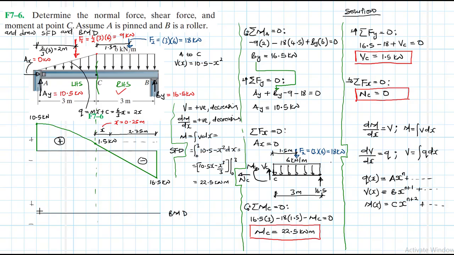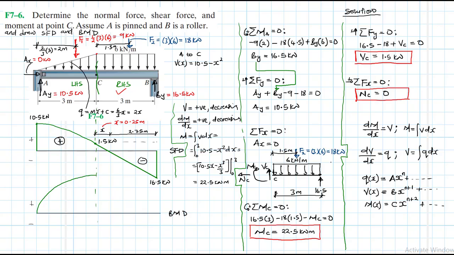So let's go. And it is a polynomial of degree what? It is 3, of course, because shear is a polynomial of degree 2, which is a quadratic. Therefore, you expect moment to be a polynomial of degree 3. So it will go something like that up to there.